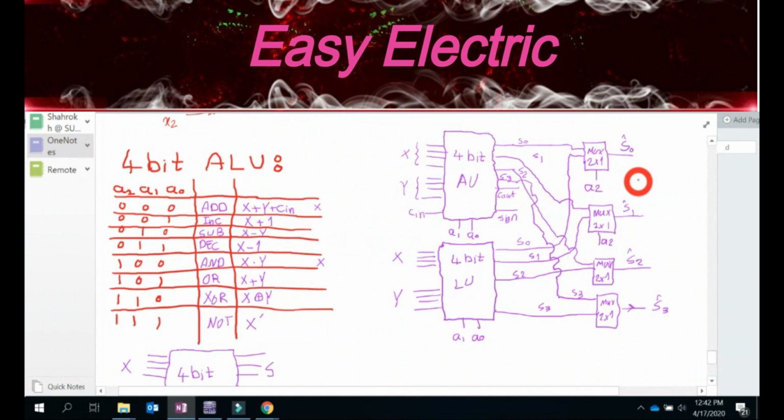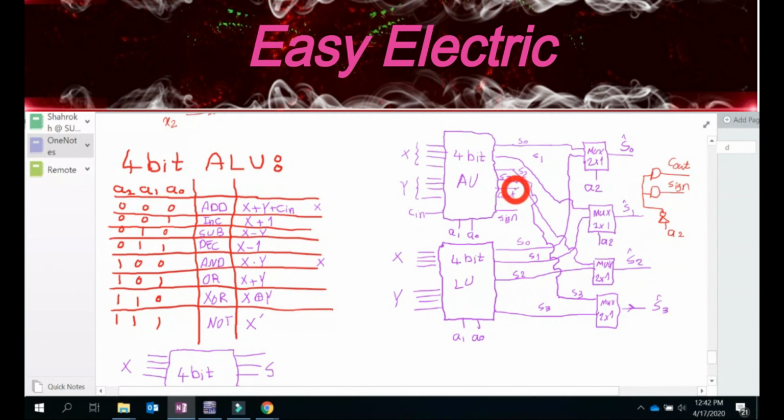So I actually put 2 ANDs here. This is the first AND. This is the second AND. So one of the inputs of these ANDs is connected to NOT A2. Okay. And I call this real C out. I call this real sign.